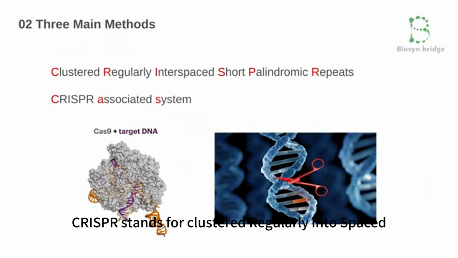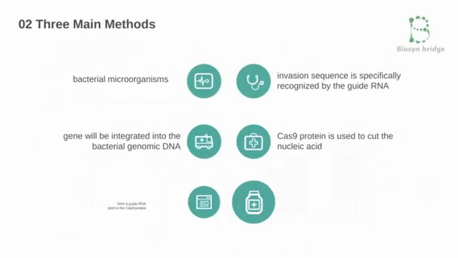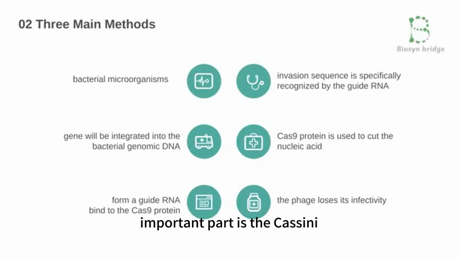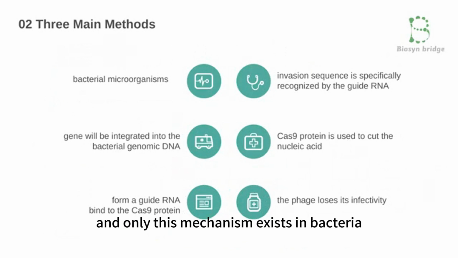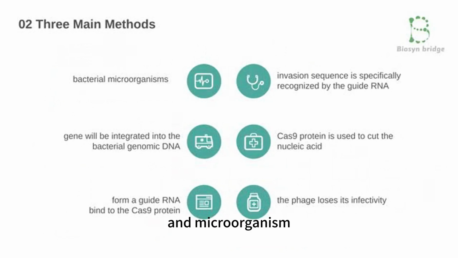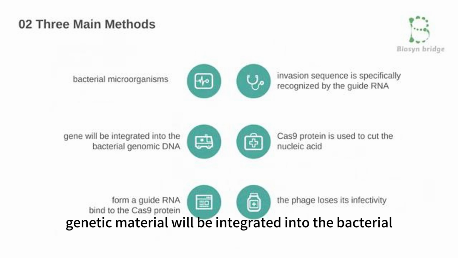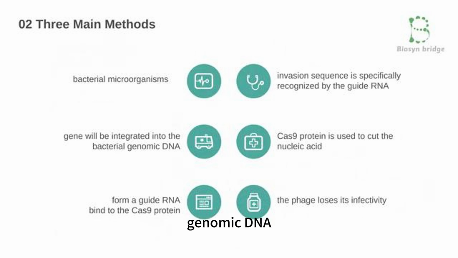CRISPR stands for clustered regularly interspaced short palindromic repeats, and it is a system that is a whole protein family, including many proteins that achieve the CRISPR function. The most important part is the Cas9 protein, and this mechanism exists in bacteria and microorganisms similar to the human immune system. After the phage invades bacteria, the genetic material will be integrated into the bacterial genomic DNA.